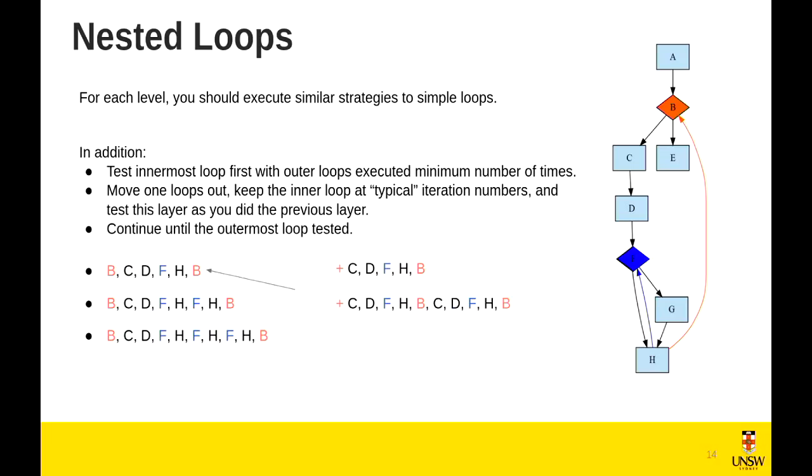We need to execute the outer loop twice, and so on. And that's only for executing the inner loop 0 times. We need to also do it for 1 and 2 times here, if we have nested loops.